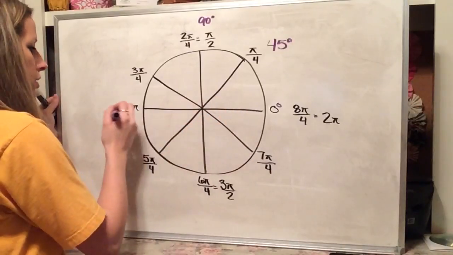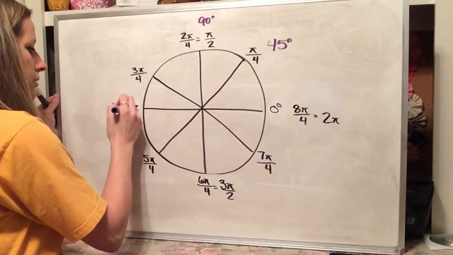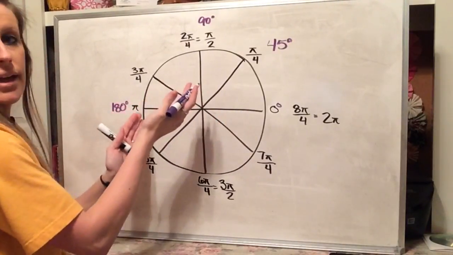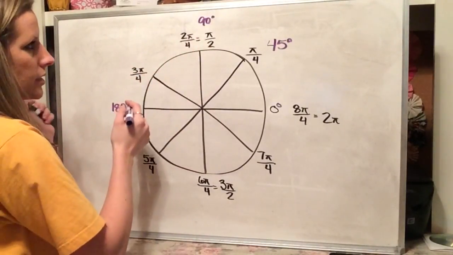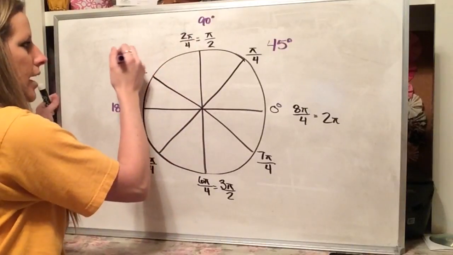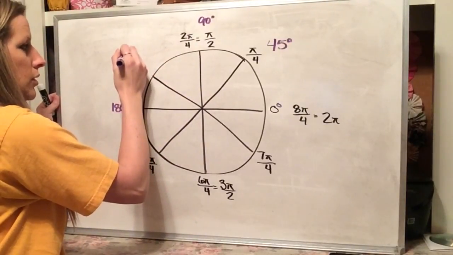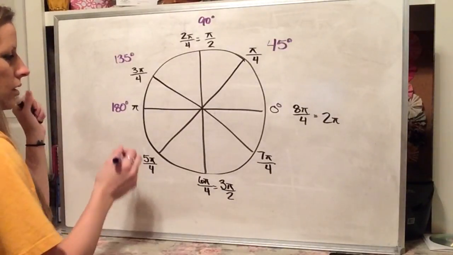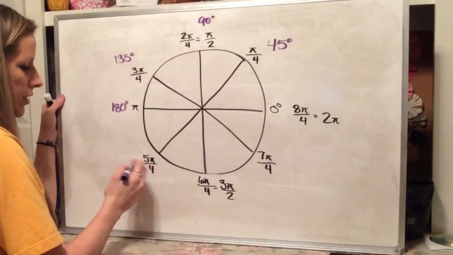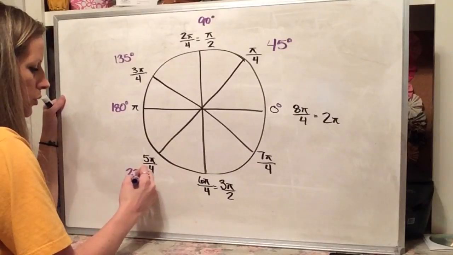Okay, we know this is 180 degrees. So if we cut it in half from 90 to 180, halfway in between that is going to be, let's see, add 45 degrees, it'd be 135. Okay, if I add 45 more degrees, it's 225.